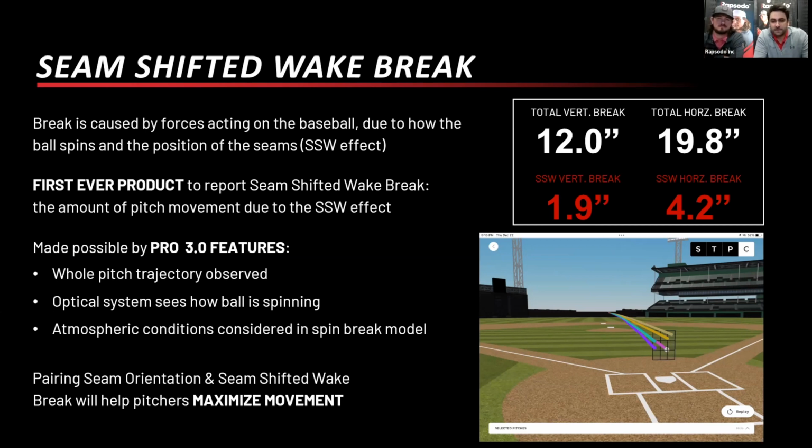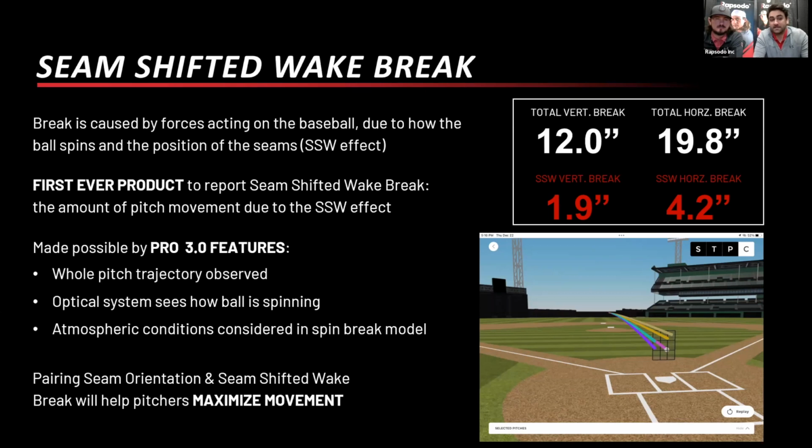So the first big thing is that break, or pitch movement, is caused by forces acting on the baseball. For the longest time, we've known that drag is one of those forces that acts on the baseball and affects movement. Gravity is also a force acting on the ball to affect the movement.